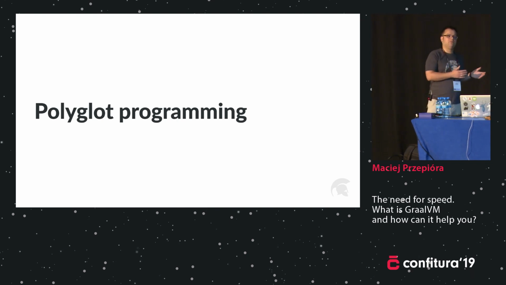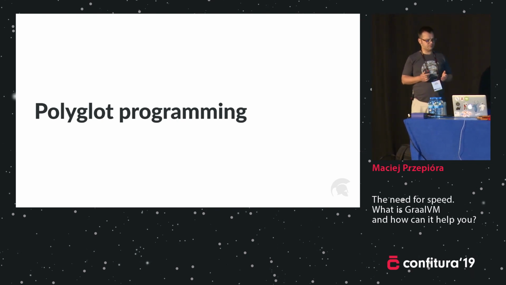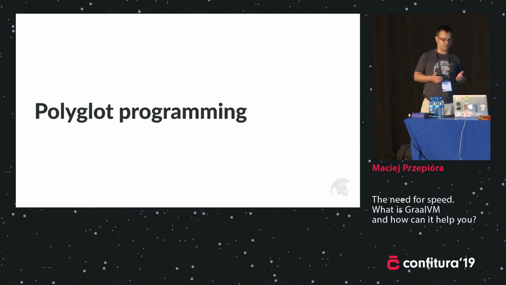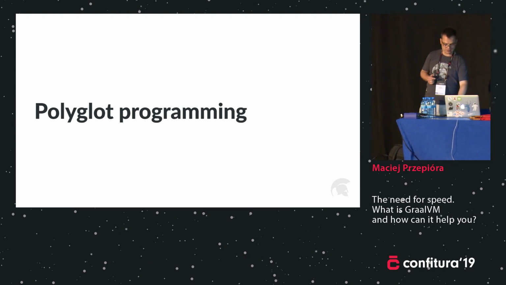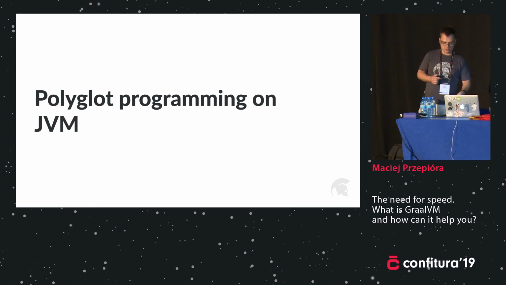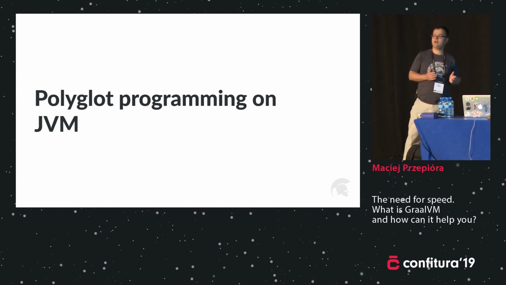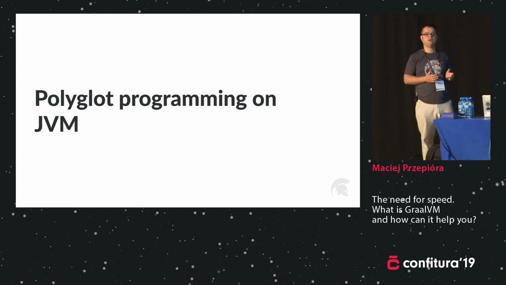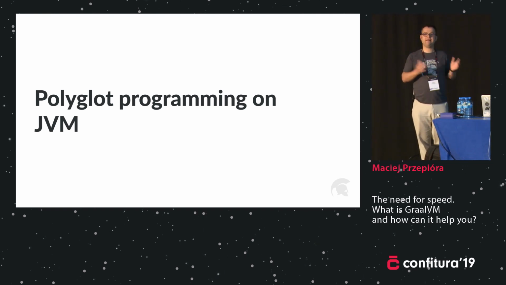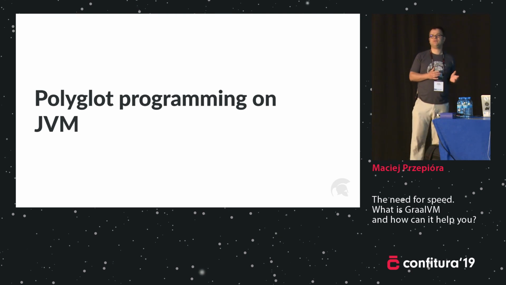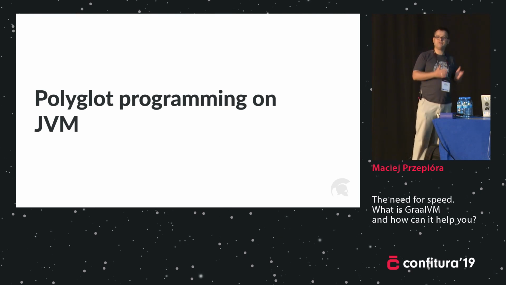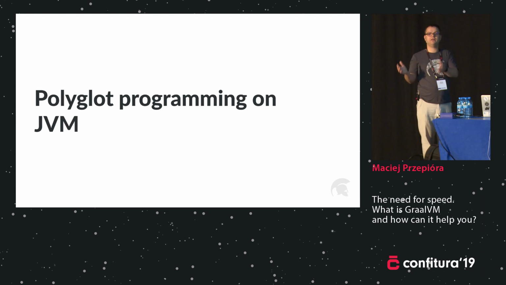Just to apply this basic rule that you want to use the right tool for the job. And of course, this is very, very doable on the JVM, because the JVM has a basic interface for any language that runs on top of it. That's bytecode, right? So if it is bytecode, you can call it from any language.